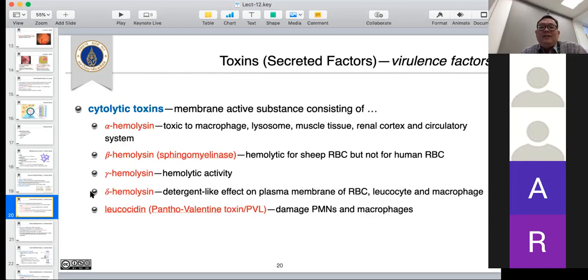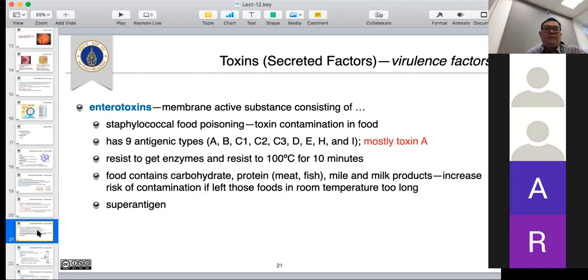This toxin directly damages PMNs and macrophages, causing macrophage and neutrophil cell lysis, so you have no innate immune response. That's the toxicity of Staph aureus.